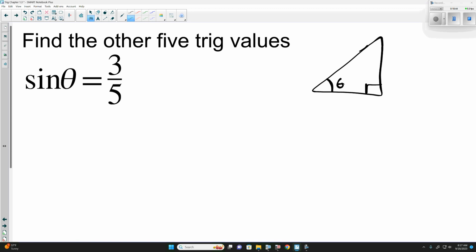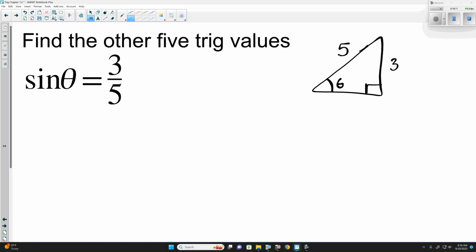And what they're telling us with this here is that sine of theta, that is just an angle, is equal to 3 over 5. Well, we know sine is what over what? Opposite over the hypotenuse. So the opposite side is going to be 3. The hypotenuse is 5. By just drawing this and putting in the information we now have a better grasp of what we need.